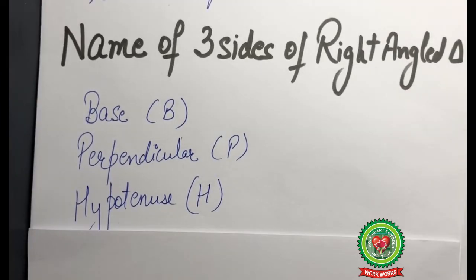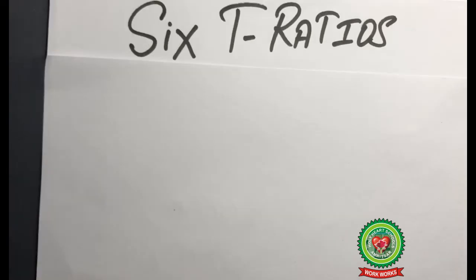So now students, we are going to discuss the different ratios that can be formed using the base, perpendicular and hypotenuse. So how many ratios can be formed using these 3 sides? In all, there can be 6 ratios that can be formed using the 3 sides of a right angled triangle, and those 6 ratios are called the 6 T ratios.